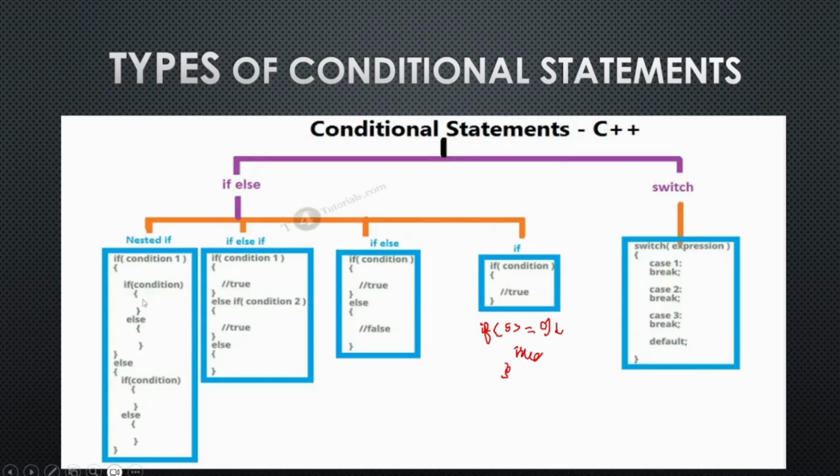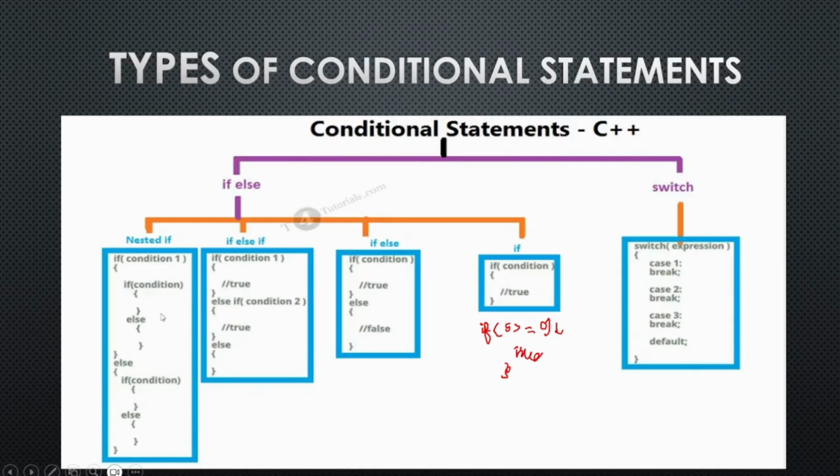It will move inside the if condition, and if the condition inside is also right, then it will run the output written over here. And if the inner condition is wrong, then it will print the output written in the else. And if condition one is false, then it will not go here, it will directly come to the else condition and run the output written over here.